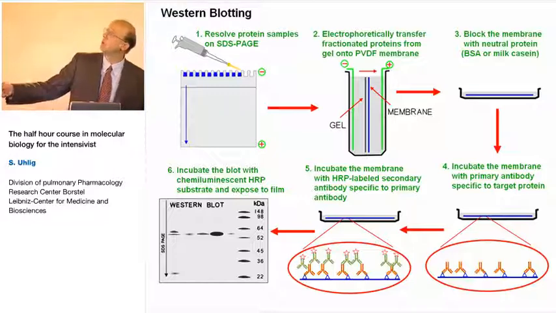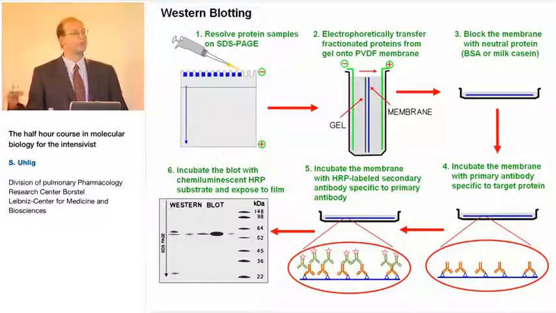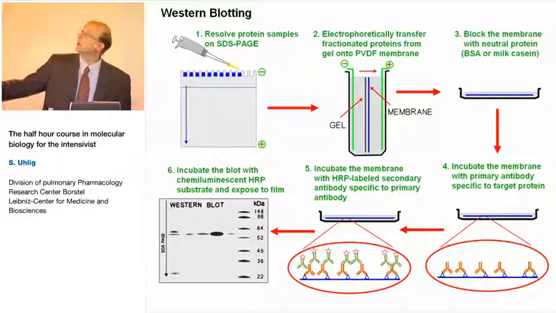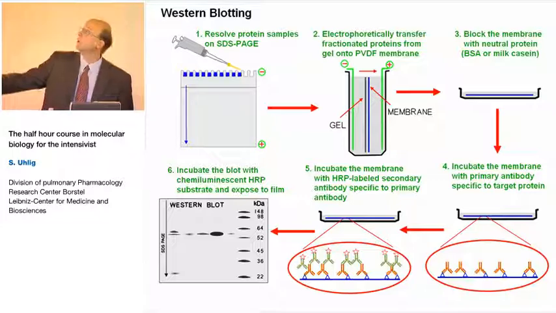So what you do is you take your samples. In the example before, you would take the samples from the cells at the different time points and work up the protein, and then put the protein on the spot of this gel, and then you separate the proteins according to electrical charges along the gel.